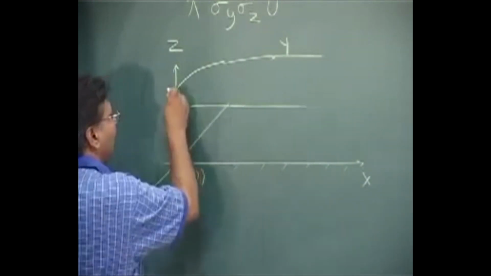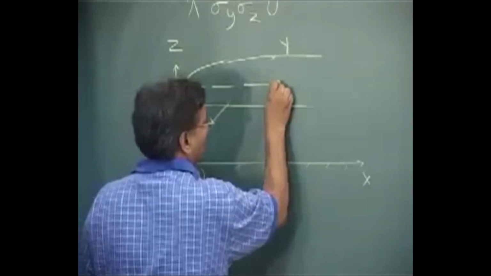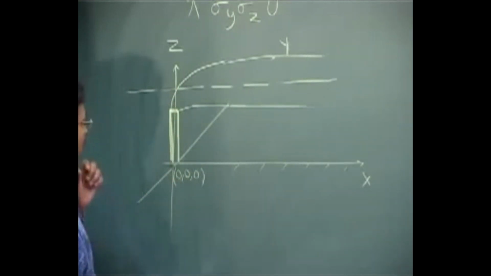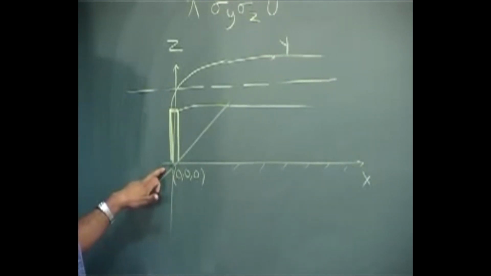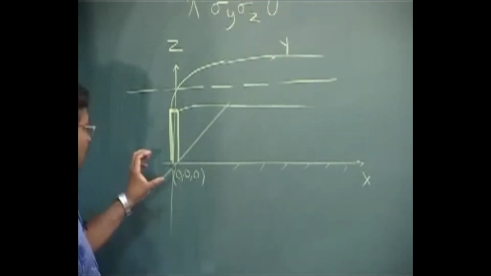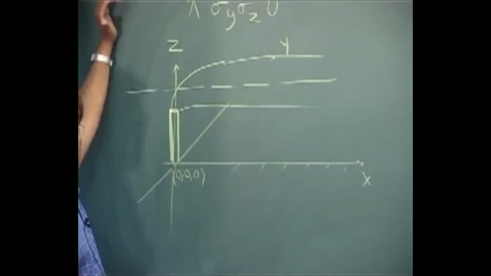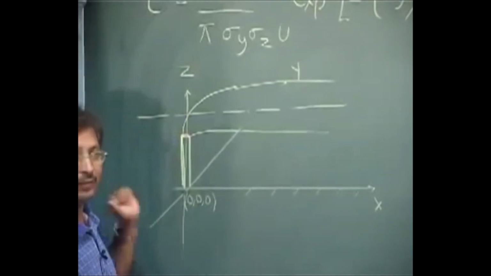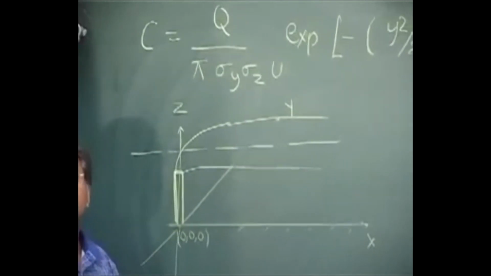If I draw the center line of the plume, most of the time I will encounter sources which are not sitting here, but are elevated sources. So in this equation, we have to modify it for the source which is not here, but somewhere here.